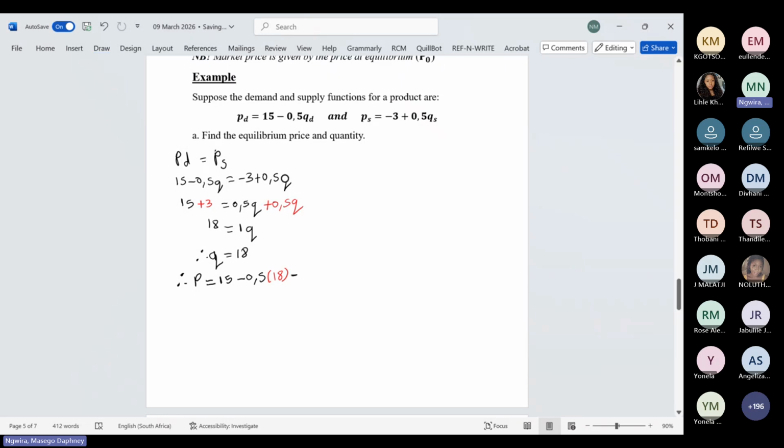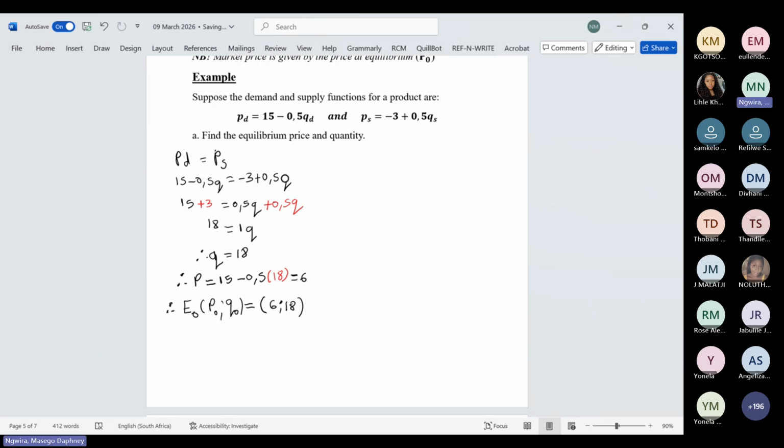All right. So this means that my equilibrium E naught, which is P naught and Q naught, is equal to 6 and 18.